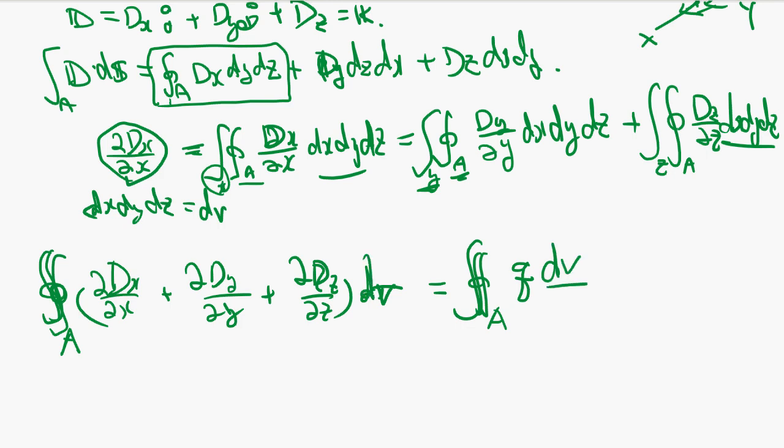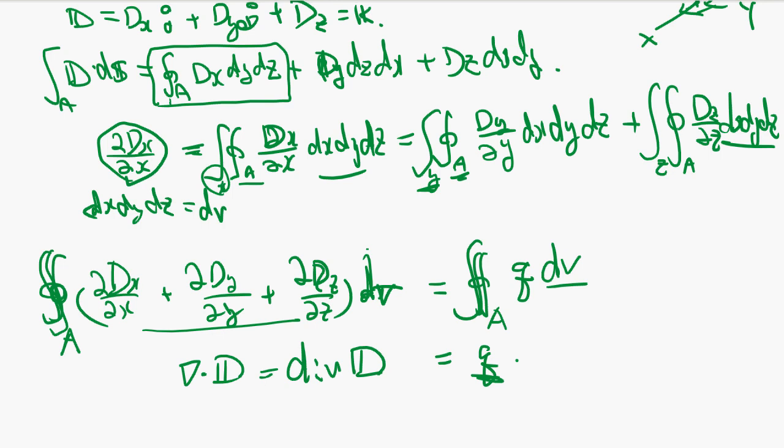So Gauss law said this one is going to be D, right? Or you can say divergence of D is the same as Q, the electric charge density.